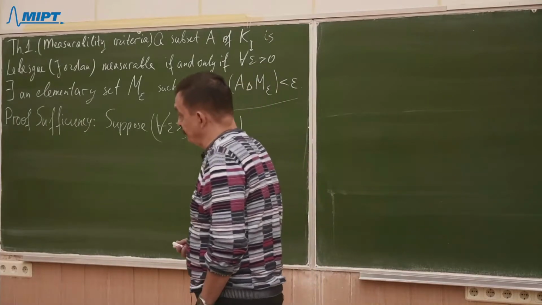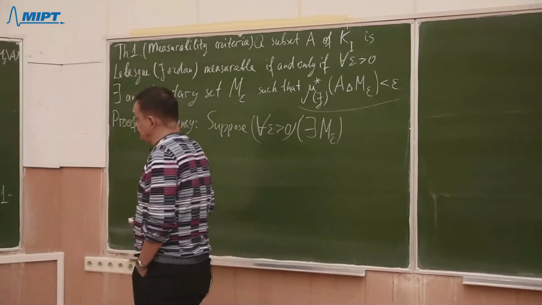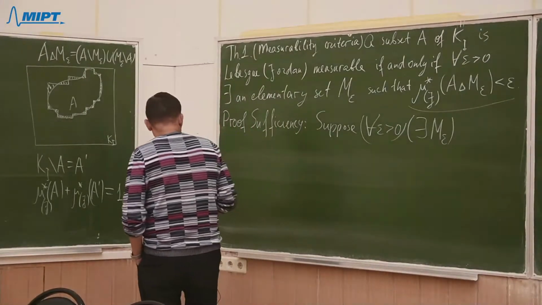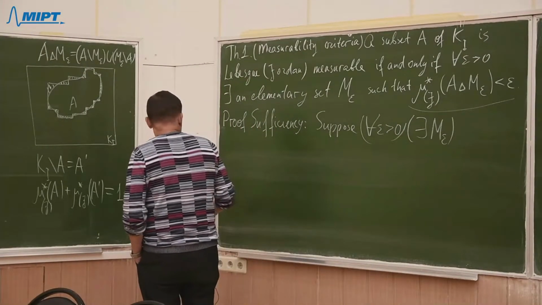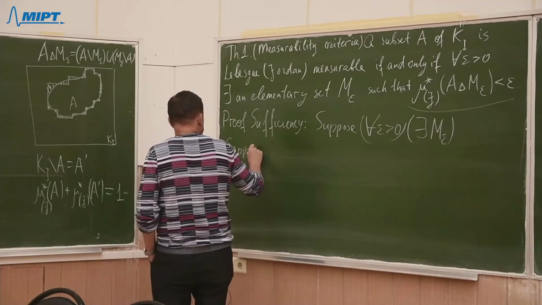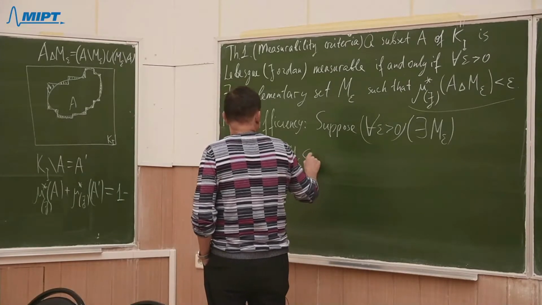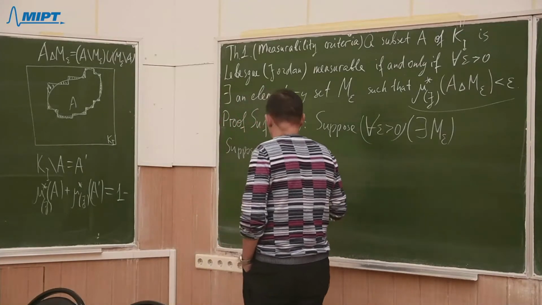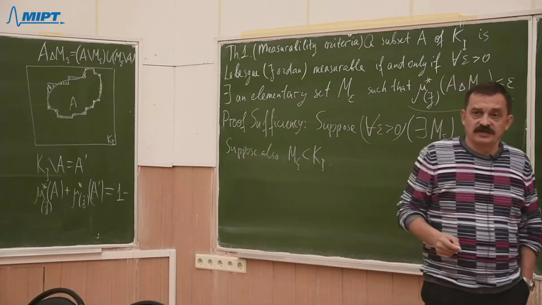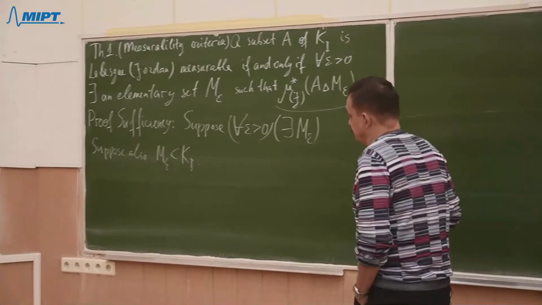Yeah. So look. Suppose also M epsilon is a subset of the cube. This can be achieved just by intersecting.